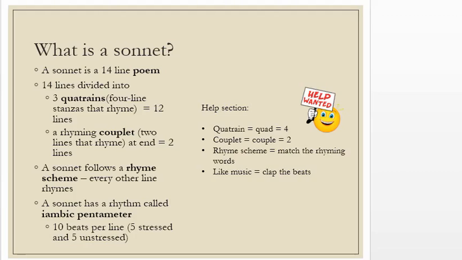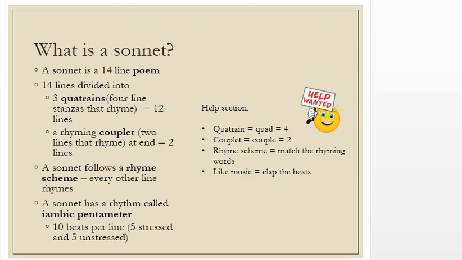It's divided into 3 quatrains, so 3 groups of 4, and then a rhyming couplet at the end, and think of the word couple. Couple is 2. So a couplet at the end. So it's 3 groups of 4, and then 2 at the end, equaling a total of 14 lines. A sonnet follows a particular rhyme scheme, and a rhyme scheme is matching the pattern of rhyme at the end of each line.